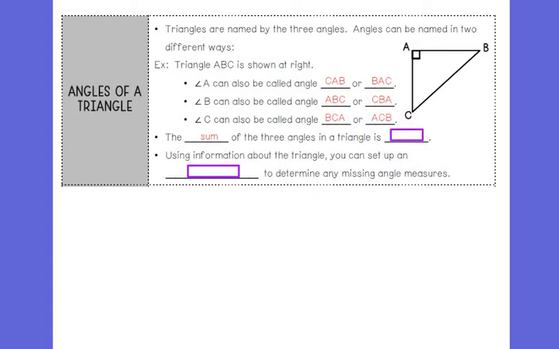Supplementary, meaning it adds up to what? 180. So all 3 of these angles add up to a straight line. They make a straight line and add up to 180. It doesn't matter what kind of triangle I have. If I rip their angles off, they all add up to 180. So the sum of 3 angles of a triangle is 180 degrees.